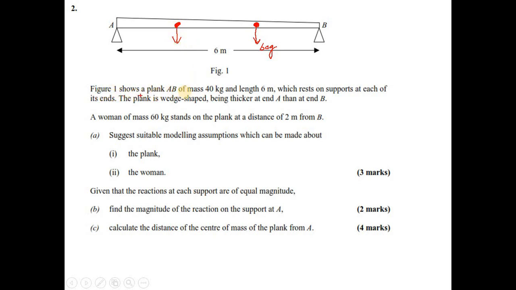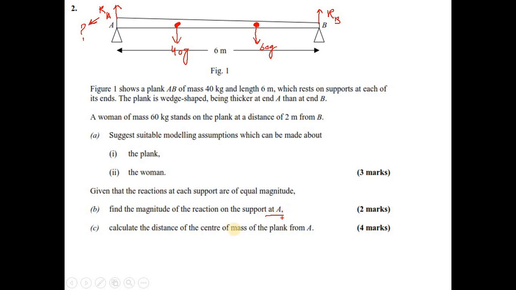The mass of the plank is 40 kg, so this is 40 G, and we have two support forces, RB and reaction RA. So these are the forces acting on the system, and in our question we need to find the magnitude of the reaction on the support A. We need to find RA, that is our question mark.